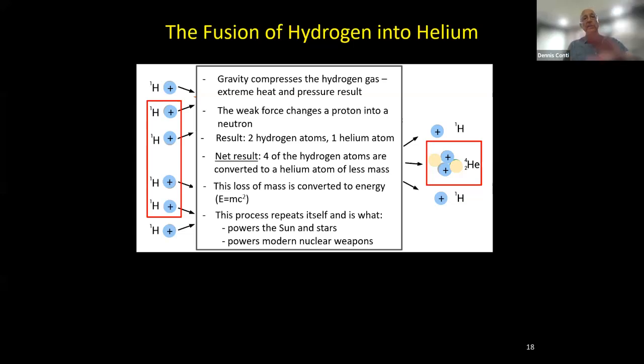So this process of what's called fusion of hydrogen into helium is what in the early universe created, from the very fundamental atom of hydrogen, the next particle, helium. And then from there, other particles of greater complexity were created. So I wanted to just give you a sense that in the very early universe, this process was so critical to getting things going.